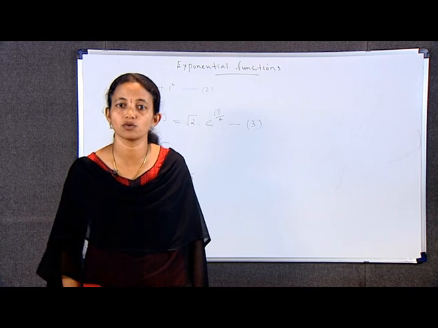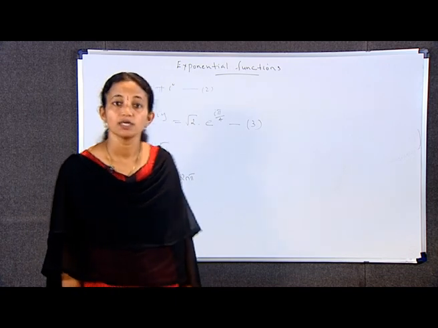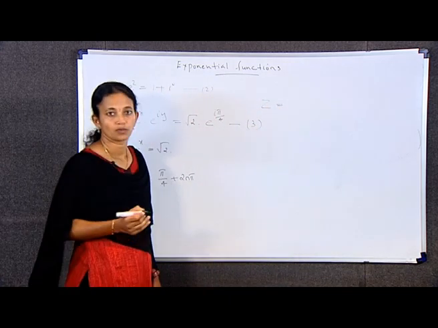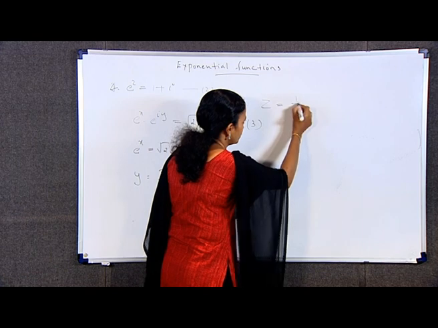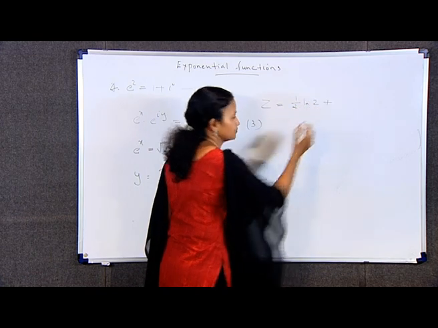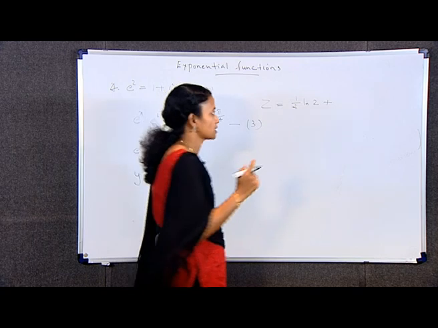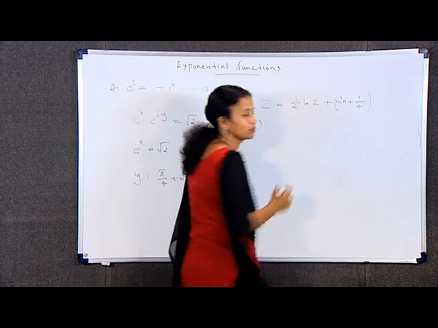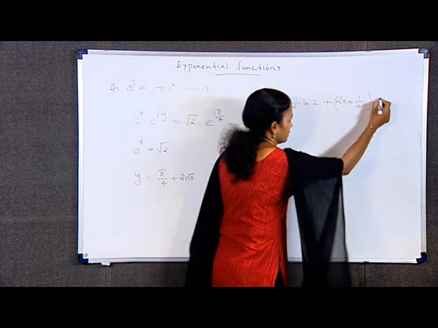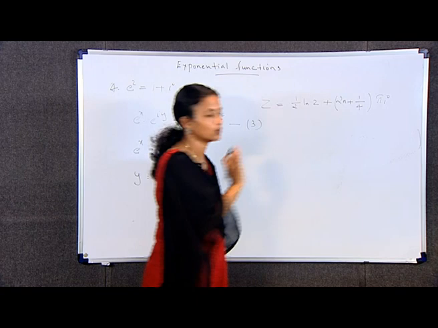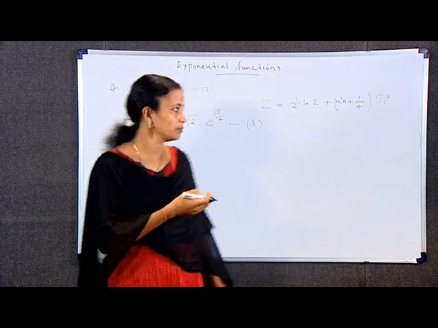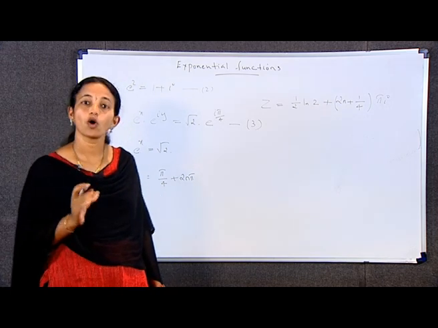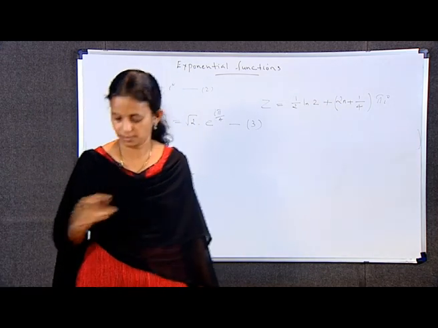Of course, n is equal to 0, 1, 2, 3, etc. And so, I can write z is equal to 1 by 2 ln 2 plus 2n plus 1 by 4 pi i, and of course, this n varies from 0, plus or minus 1, 2, 3, etc. So, next we have logarithmic functions and its branches.